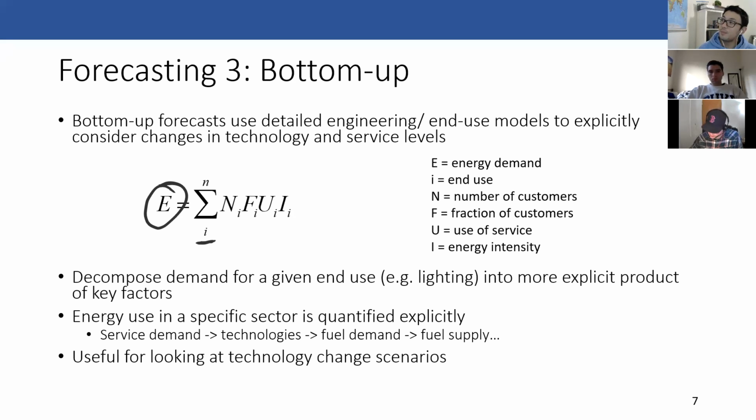These bottom-up methods are nice in that you can really get into detail about every specific item that influences your end use. On the other hand, they can be really difficult because, in order to get the total energy, you need to account for basically everything in the system individually.